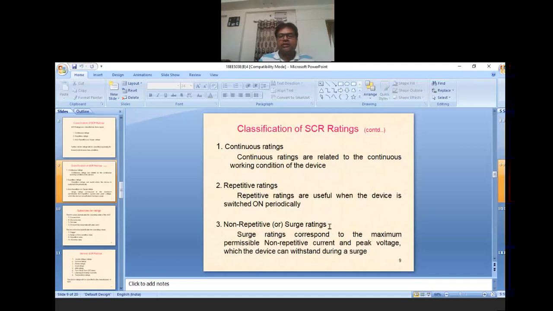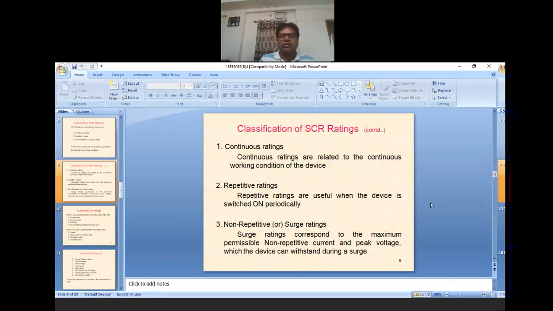Non-repetitive or surge ratings correspond to the maximum permissible non-repetitive current and peak voltage within the device which it can withstand during a surge. That is, surge is an abrupt increase in voltage and current from within the circuit due to some faulty conditions or some external factors which the device can withstand only one time.